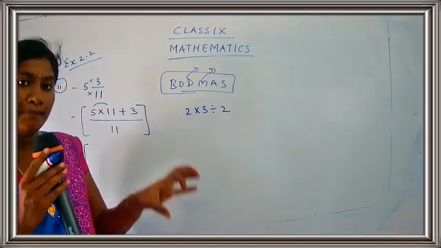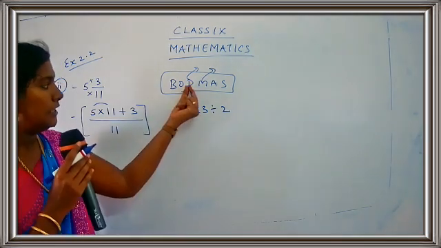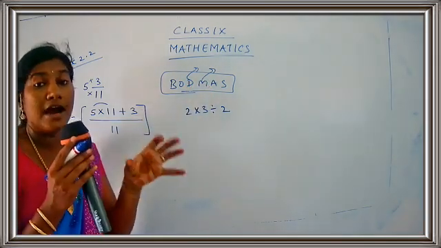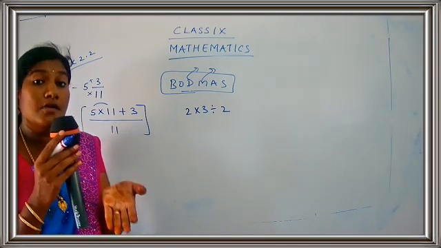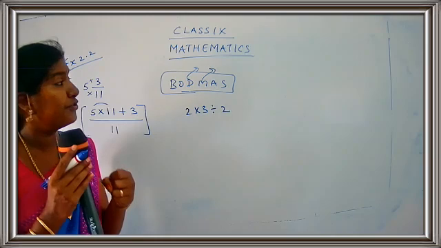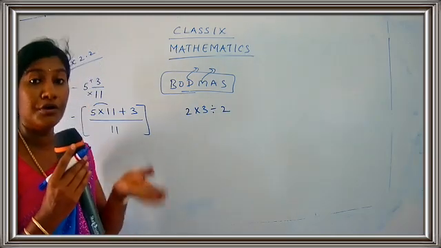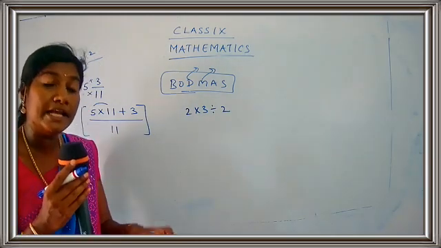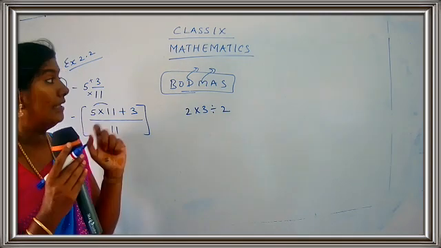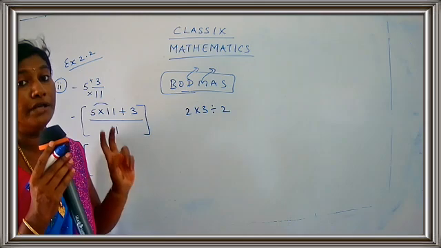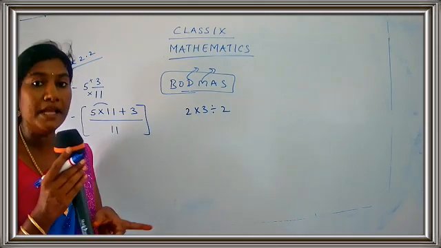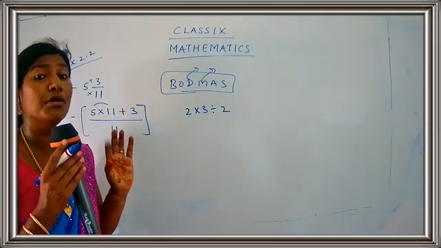But what it actually means is that division and multiplication have the same weightage, or they are equally treated. How are you going to treat division and multiplication? You are going to treat them equally. That means if division comes first, you are going to do division. If multiplication comes first, you have to do multiplication.